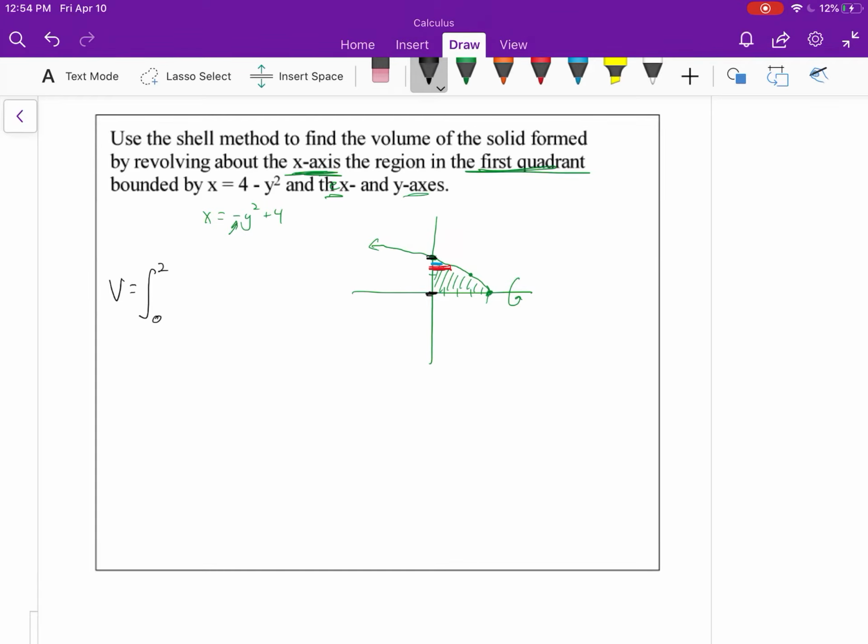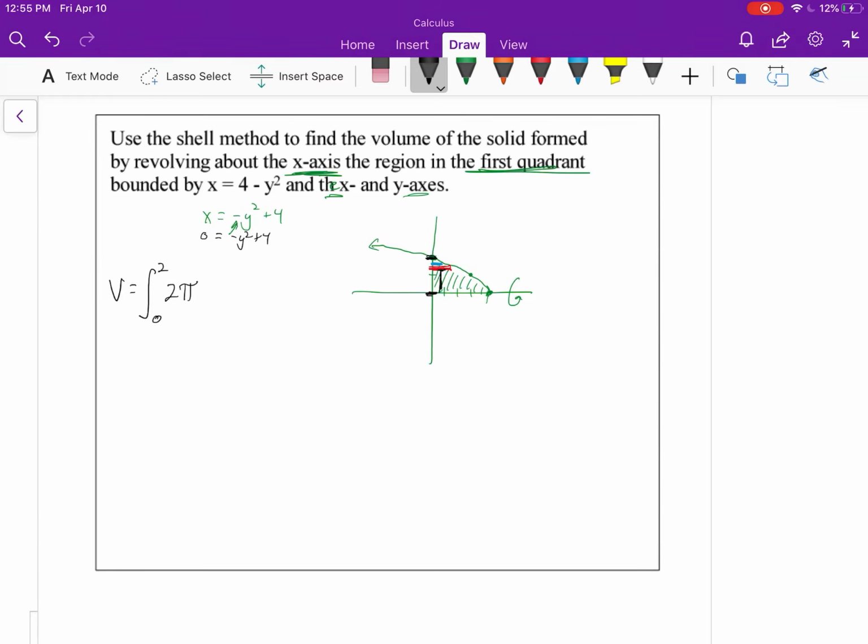And if you want to know where that crosses the y-axis, you would put 0 in for x. It does cross at 2, and you could subtract 4, divide by -1, take the square root, and we get 2. So we had to find out where that crosses the y-axis. Now we want 2 pi times the radius.